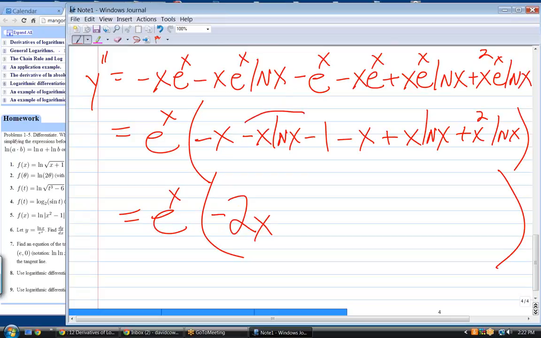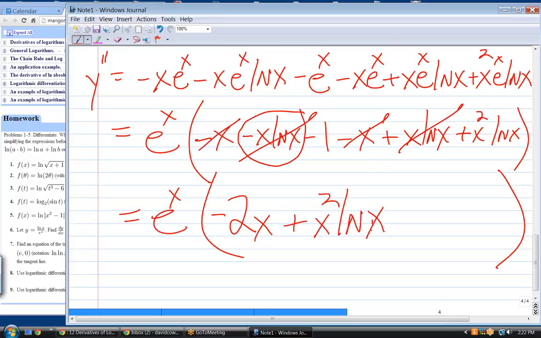How many of these do we have? 0. Right? So we've taken care of that and that. So we still have this plus x squared natural log of x, and we still have the minus 1. That should be the answer.